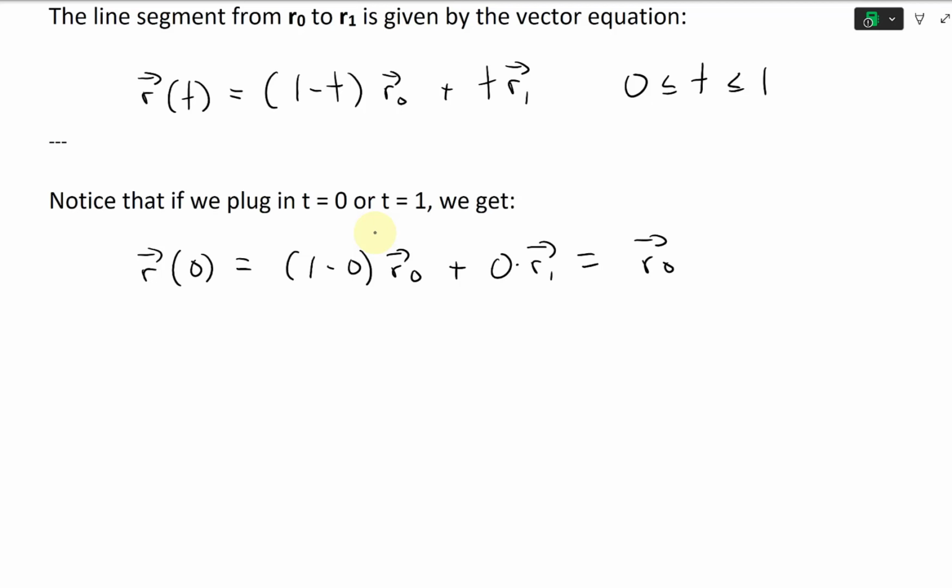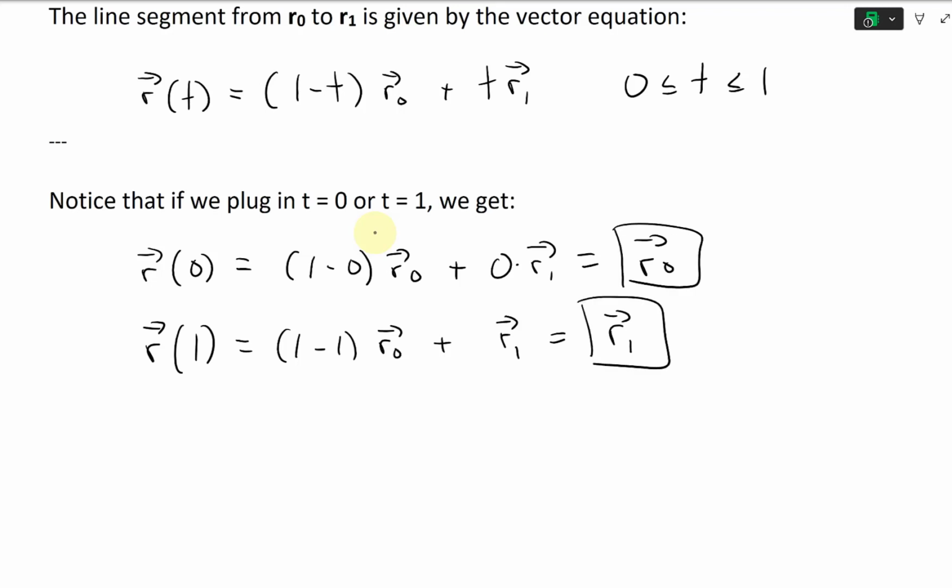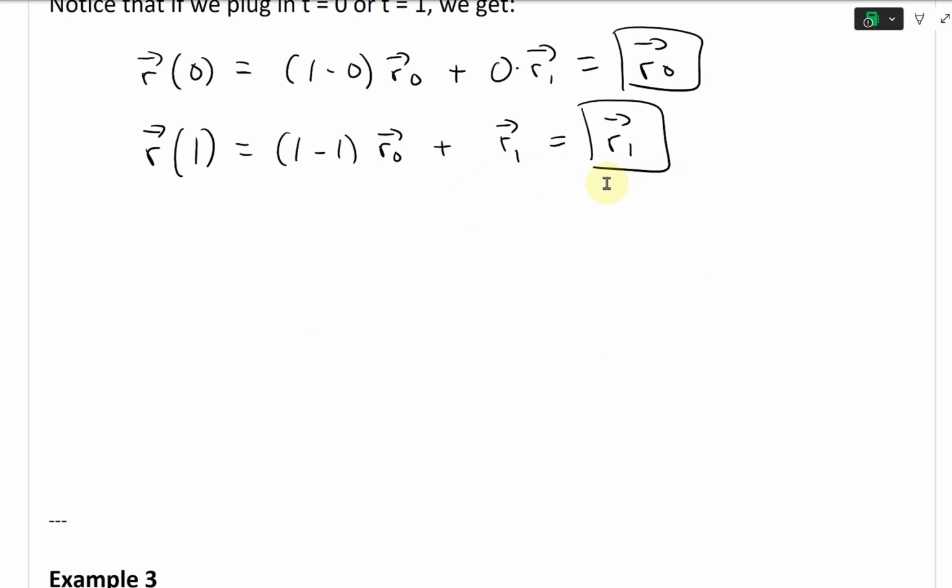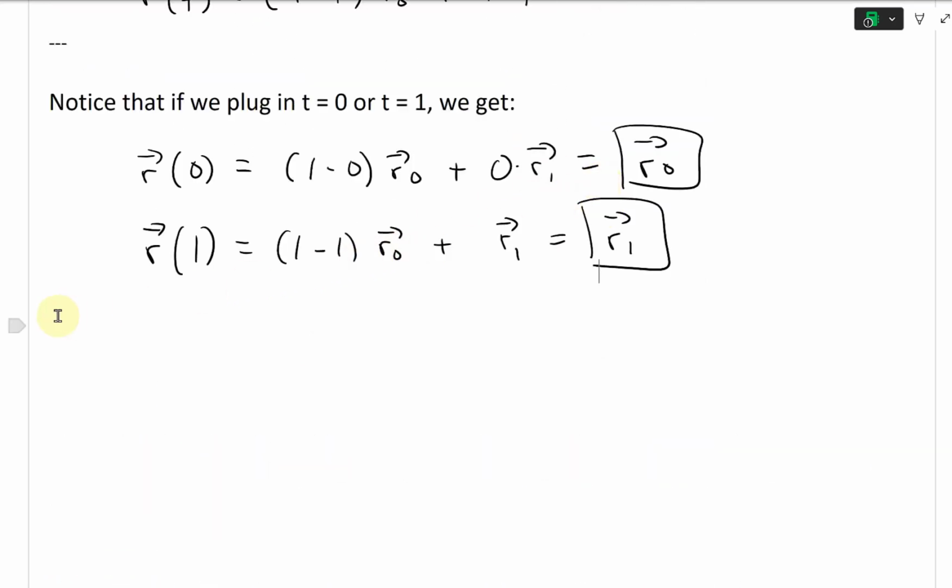In other words, that's the starting point on the line. Then for t equals 1, we get 1 minus 1 times r0 plus 1 times r1, which vanishes and we're left with r1. Box this, and this is the vector to the second point on the line, the b point. So that's the r1 vector to the b point on the line.